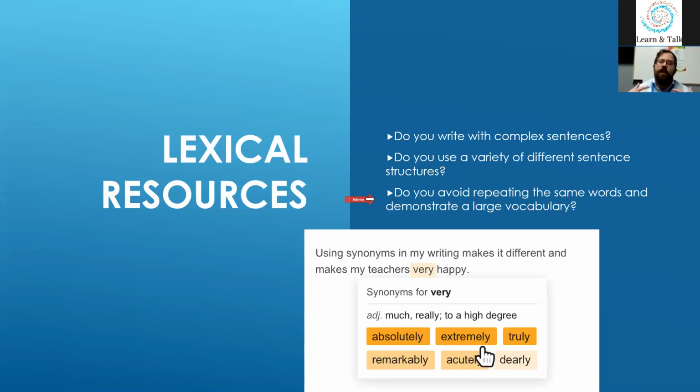But are you avoiding the repetition of words unnecessarily? So when you can, try to use a better vocabulary. And that's why we have a picture here of an online thesaurus, showing a different synonym for very. So instead of writing, this makes my teachers very happy, you could say it makes my teachers extremely happy, truly happy, absolutely happy. Okay?